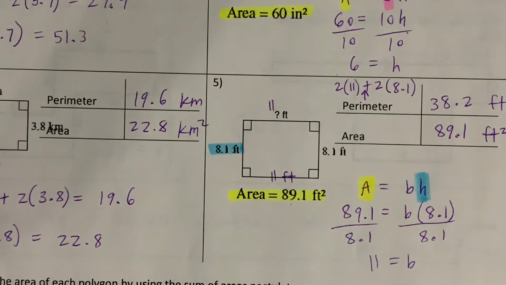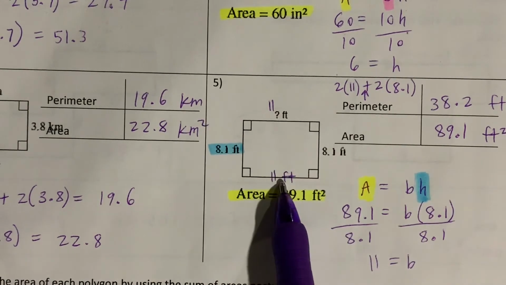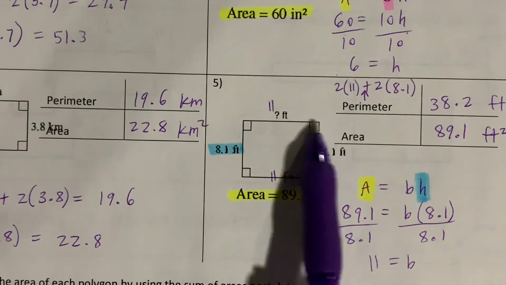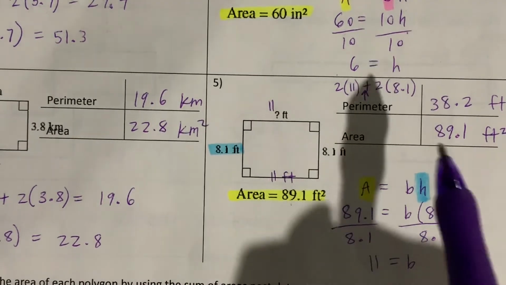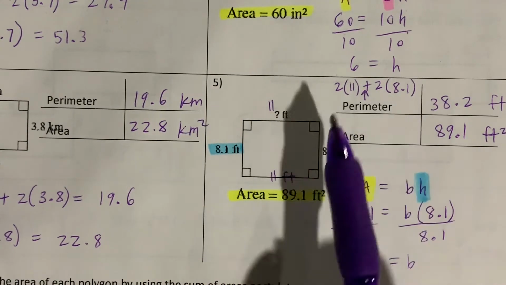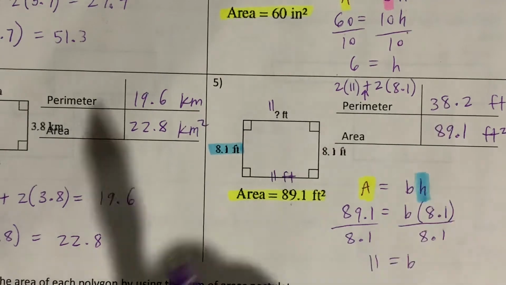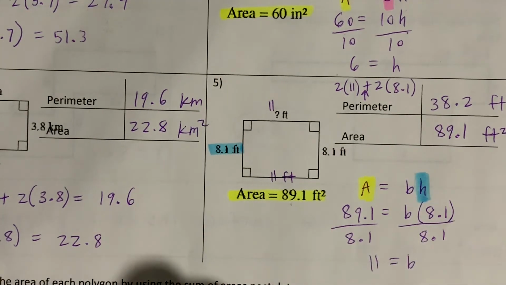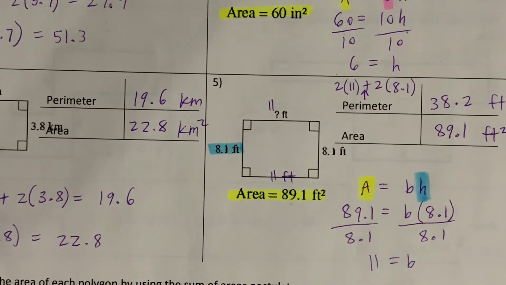I divided by 8.1 on both sides, and I got that my base was 11. Then I had all 4 sides of my rectangle, so I could find my perimeter by doing 2 base plus 2 height, or just add up the 4 sides, and I got 38.2 feet here for my perimeter.